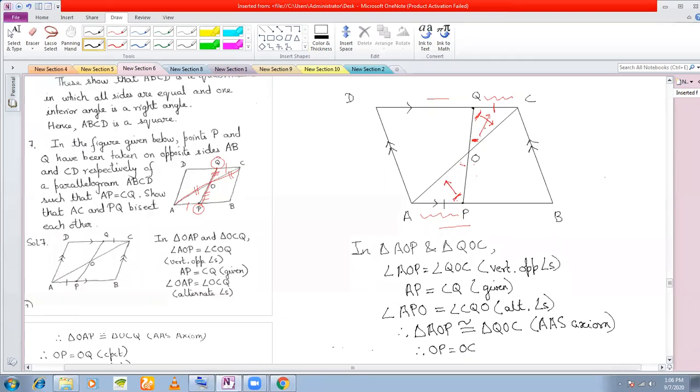And what else can you say? If two angles of a triangle are equal, the third angle will also be equal. Or you can also say that this angle is equal to this angle because they are also alternate angles. And opposite to this angle is this side, and opposite to this angle is this side.